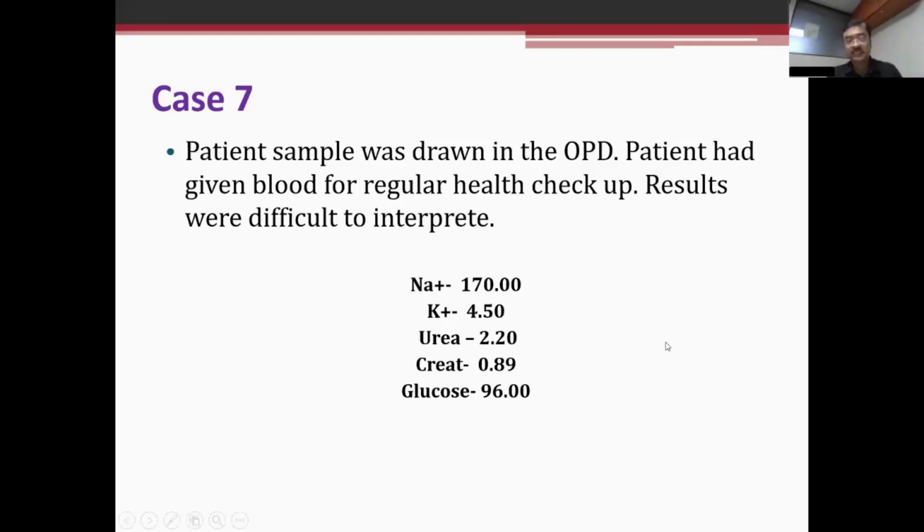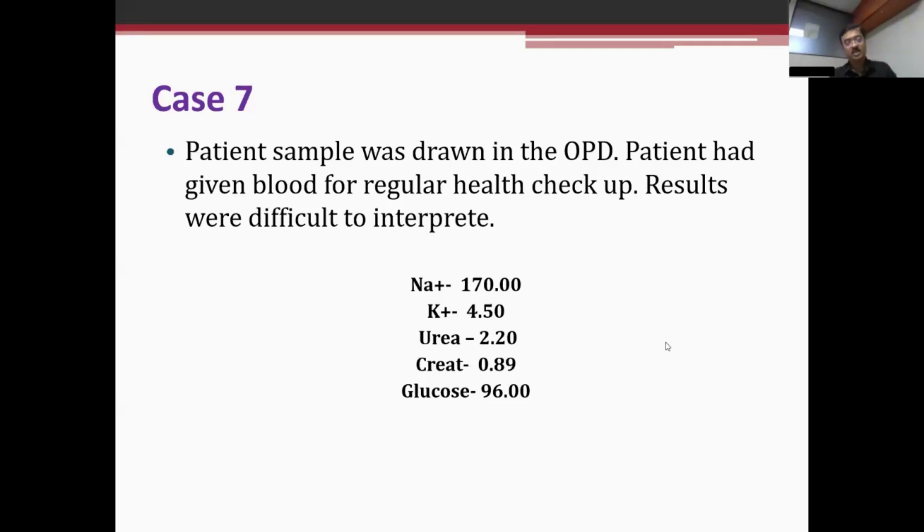What did I find? By mistake, the phlebotomist had drawn only a sodium fluoride sample in the sodium fluoride vial, and later on he came to understand that serum is also required because the patient had given blood for sodium, potassium, urea, creatinine also.